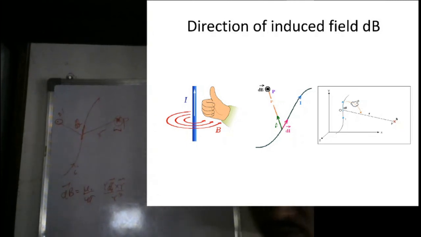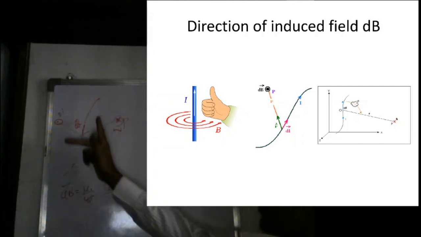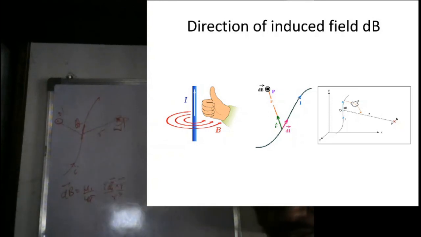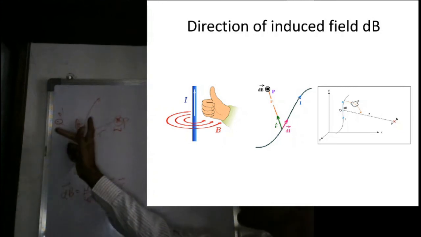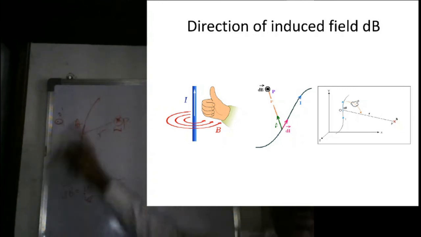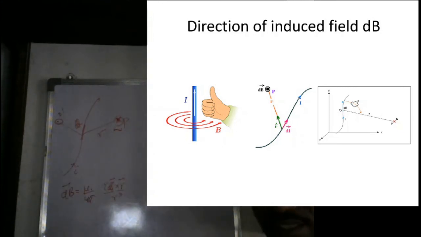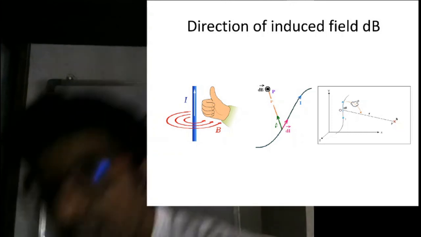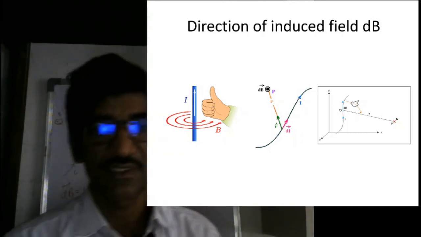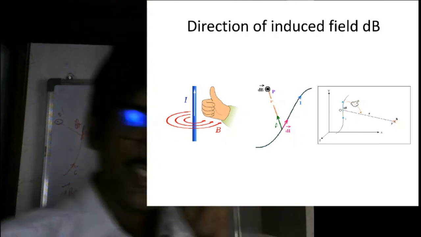Then your thumb gives you the direction of the induced magnetic field. This is also another way of finding the direction of B.